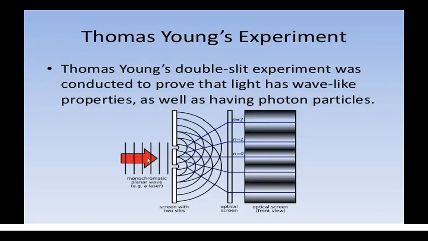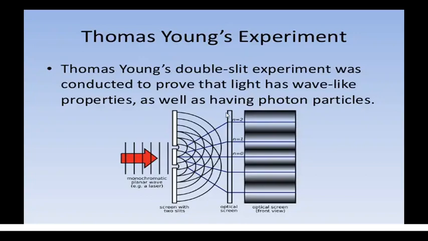Such a wave is incident on two narrow slits. Let us see what happens next. The plane wave is diffracted by each of the slits, creating wavefronts, cylindrical wavefronts.